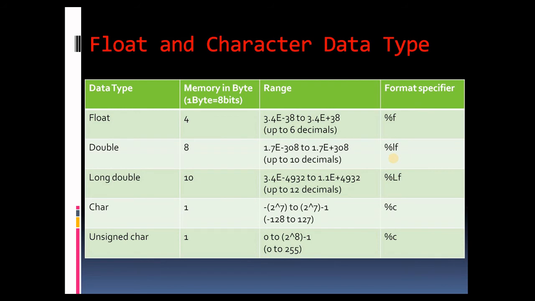Let's get into the program which I have already written, and I can show you how much memory each data type would accept in C language. It varies from compiler to compiler. For long double, you could see 10 over here, and for some compilers it would be 12 as well.